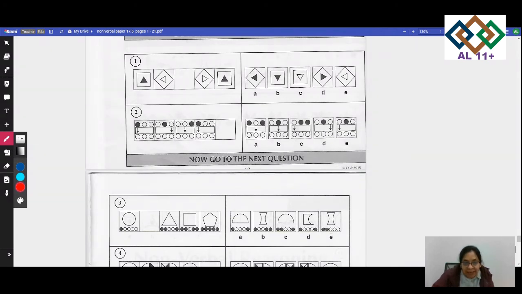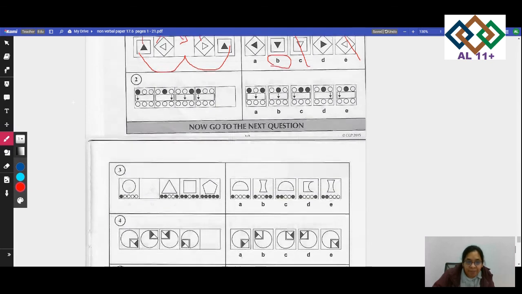So if you look at that, the next one would be a B, and you are looking for this shape, remember. You can also try doing it this way. When there's rotating, because they're saying 90 degrees, it'll be this one here.